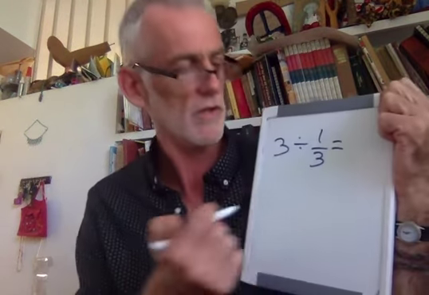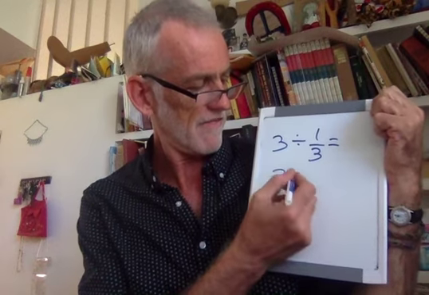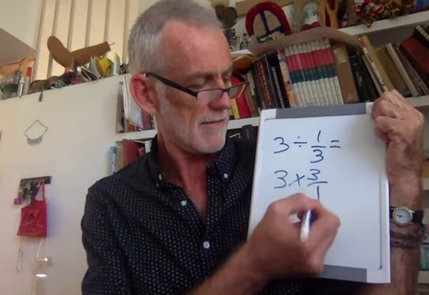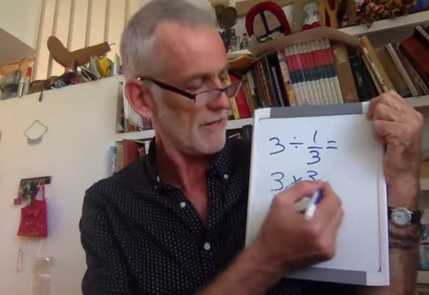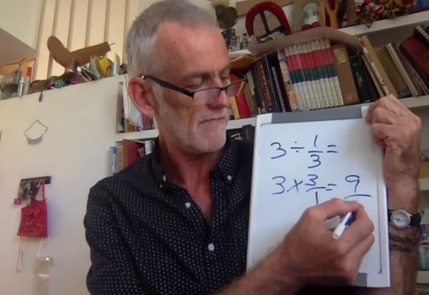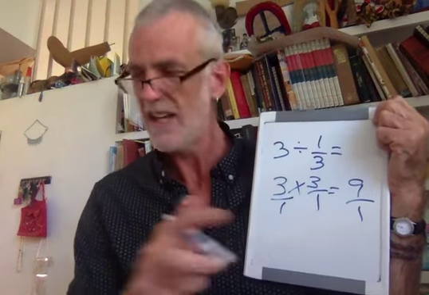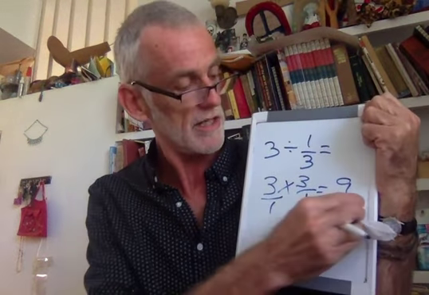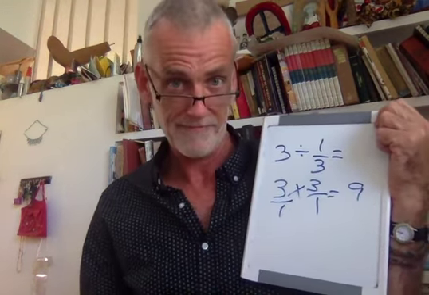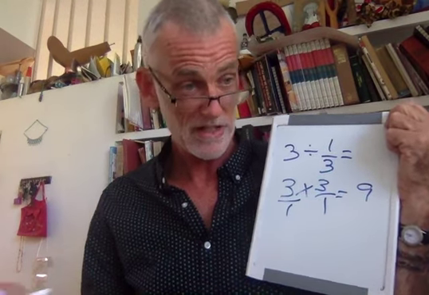Let's do it by flipping it and multiplying it. 3 times 3 is 9. On the bottom you got a 1. But it doesn't matter, because 9 over 1 is 9. Got it?